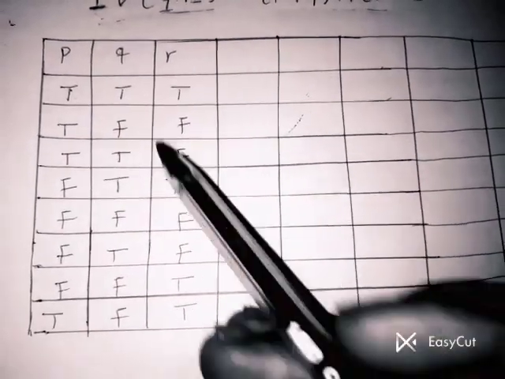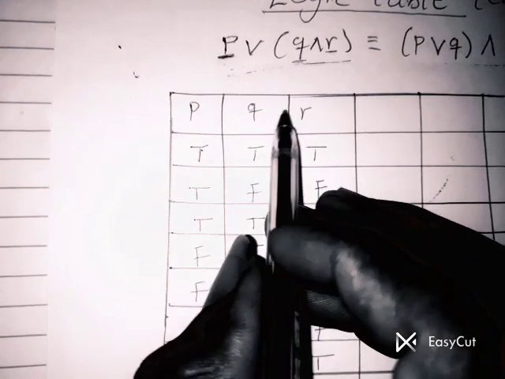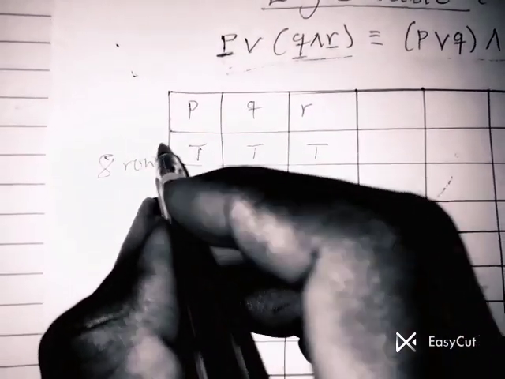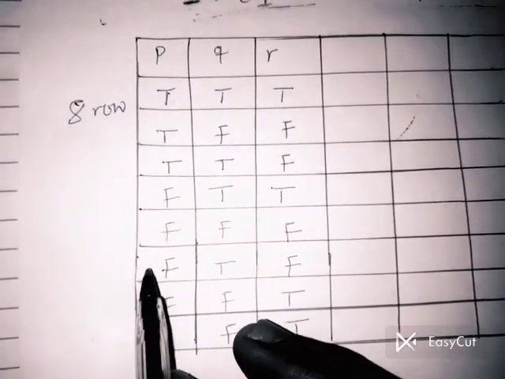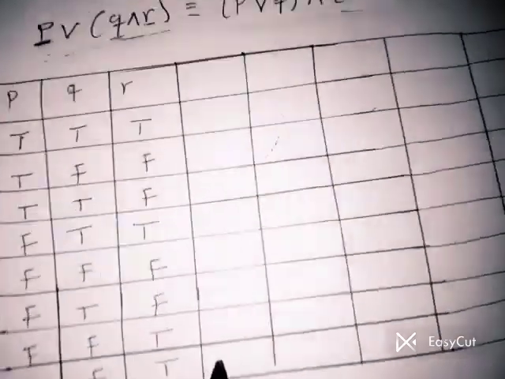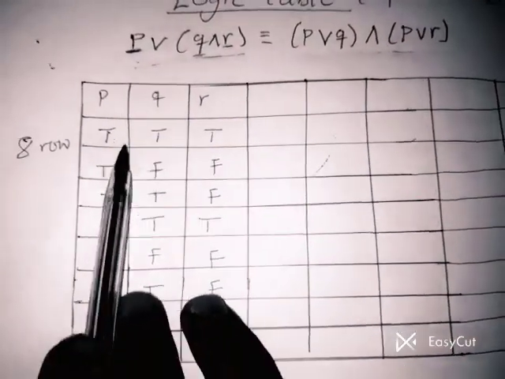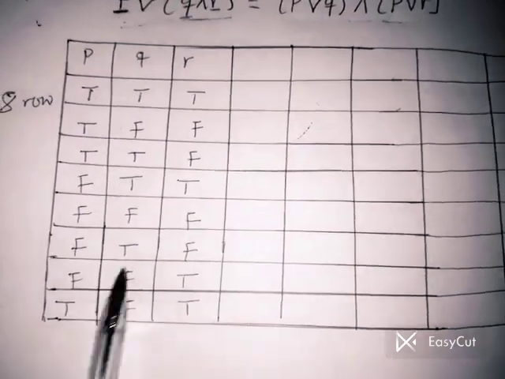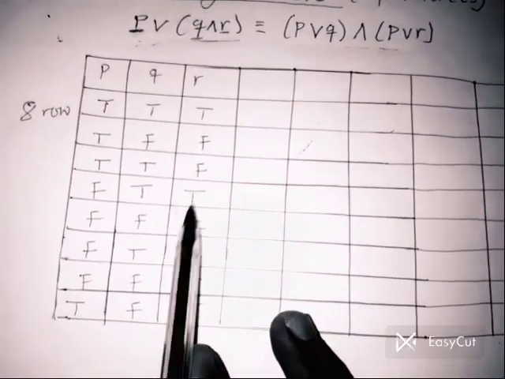So when we have three letters or three variables like this, it takes 8 rows. So if you count this row, 1, 2, 3, 4, 5, 6, 7, 8. Now, if you are going to solve this type of question, you must make sure that you have 8 rows. Now, if your row is up to 8, and you realize that you have not been able to get 4, it means there is more you need to look for.